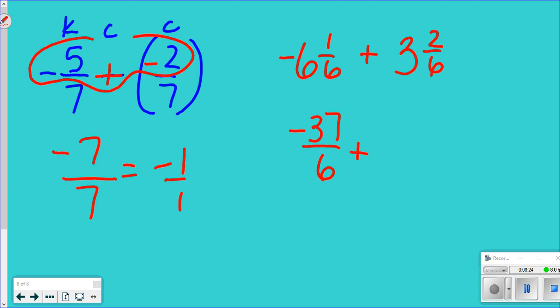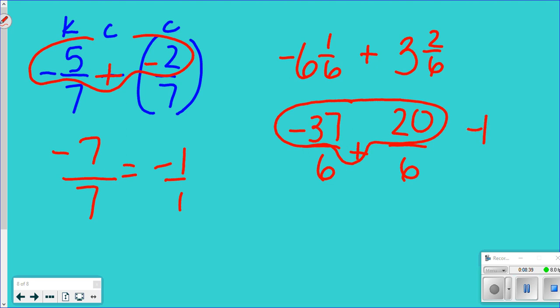This side would be 18, 19, 20 over 6. Now look, there's no guessing about what has to be done if you have to add or subtract. It'll literally tell you right in the problem what has to happen. It says negative 37 plus 20. Well, I know negative 37 plus 20 is going to be negative 17 over 6. And then you make your improper fraction into a mixed number.